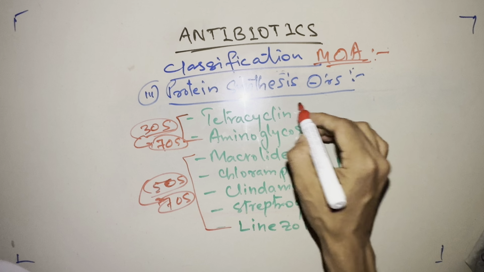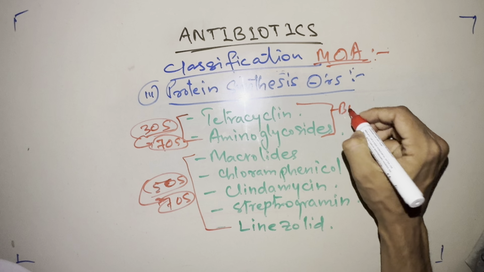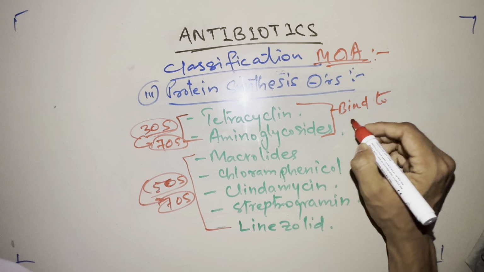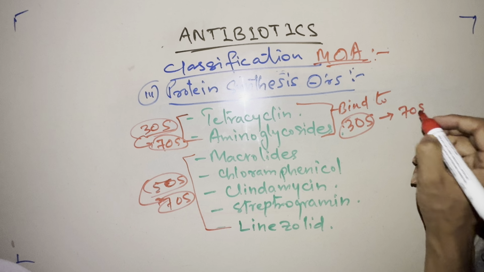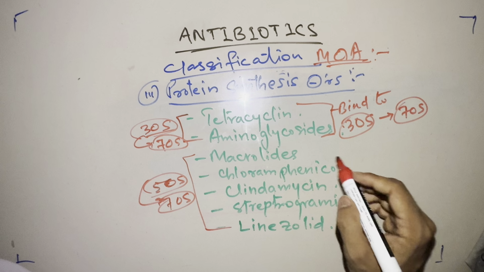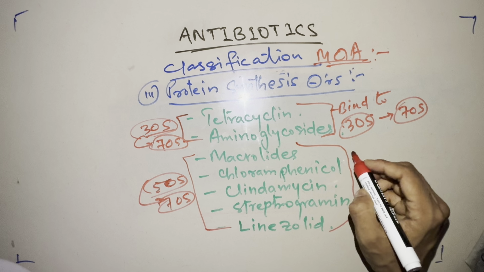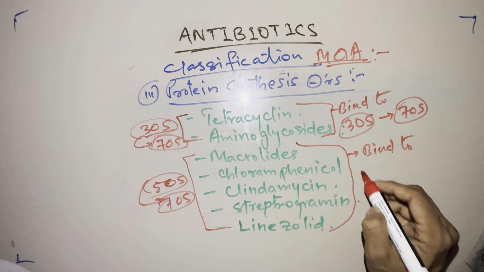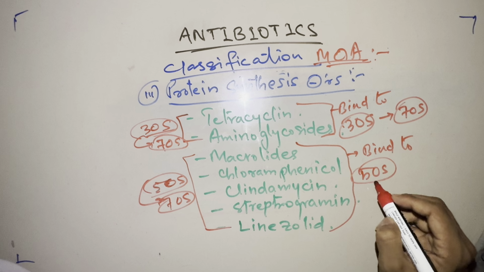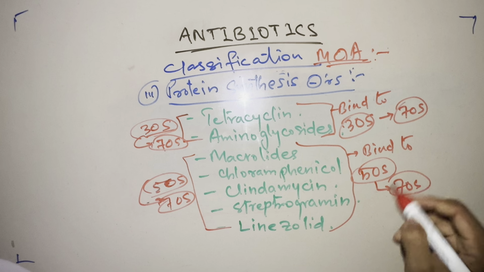Okay, so this binds to the 30S subunit of the 70S ribosome, and all of these will bind to the 50S subunit of the 70S ribosome.